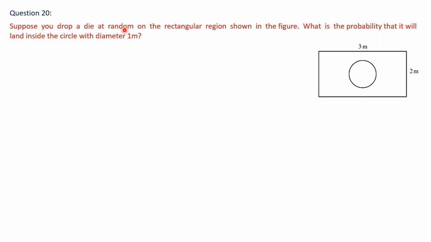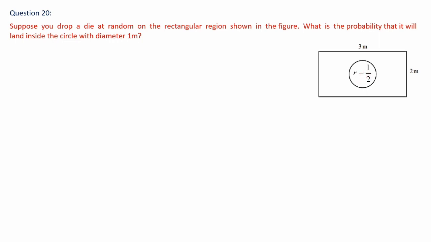You are dropping a die inside this rectangular region, and what is the probability that it will land inside the circle with a diameter of 1? So you have to find out the probability of that particular die landing inside this circle. Diameter is 1 meter, so the radius we can say is 1 by 2, half. Okay, 1 by 2 meter.